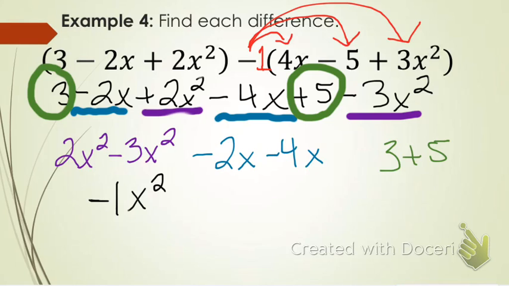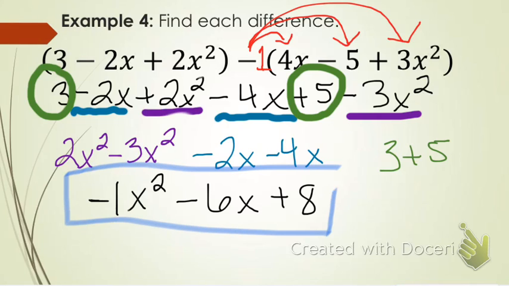Again, subtract the coefficients because of that symbol, that minus. -2 minus 4 is a -6x. That's what they have in common. And of course, the constants, 3 plus 5, give you a plus 8. This is my final answer. It is written in descending order, which is standard form.